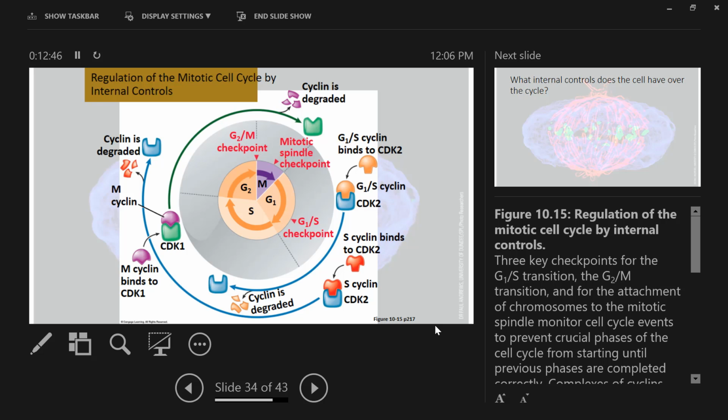Sure, yeah, absolutely. And this is one of the ways in which we're trying to trigger neurons to re-enter the cell cycle and to divide, by getting them to actually synthesize the G1S cyclin when they normally wouldn't. They've left the cell cycle. All right? Does that make sense?